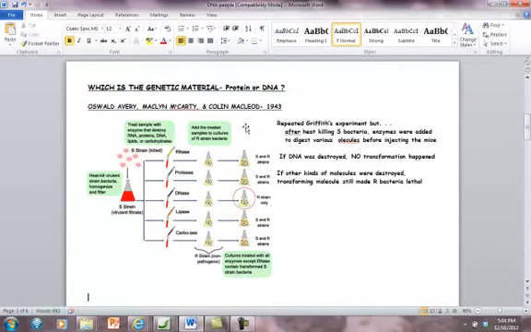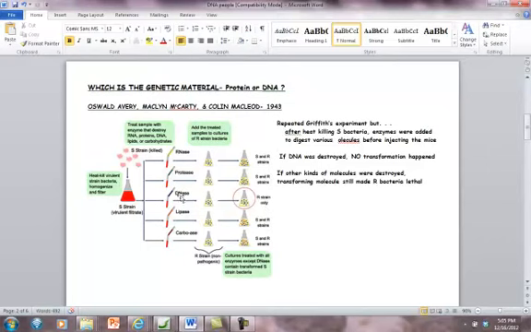those heat-killed bacteria to the live strain, he treated them with enzymes to destroy those different molecules. He looked at destroying the RNA, the proteins, the lipids, the carbs, by adding those enzymes and removing those molecules, and then looking to see, did the transformation still happen? He was able to tell which of those kinds of molecules was carrying the genetic code.